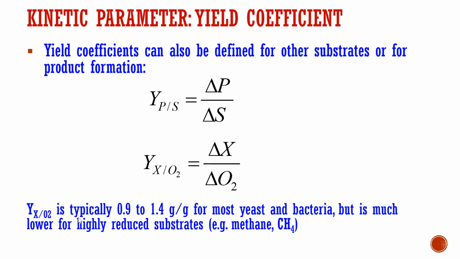There are even some ranges for yeast and bacteria, which could be useful for comparisons between your own experimental data and data published earlier, so that you can judge whether your system is good enough or not. So, yield coefficients.